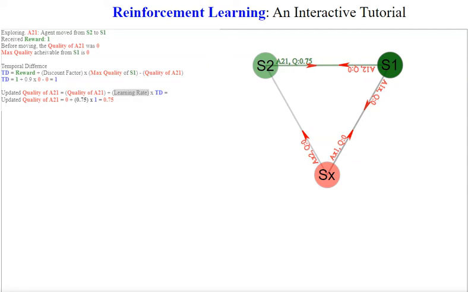It's quite possible that the agent may learn a wrong step during numerous random interactions with the environment. Which means at some point the agent may believe that going from S2 to SX is a high quality action, which actually isn't. The learning rate scaling takes care of this.